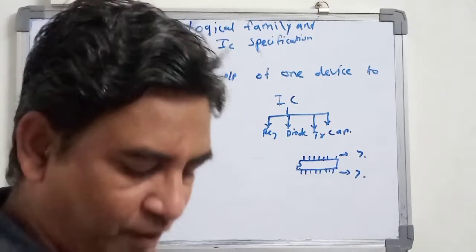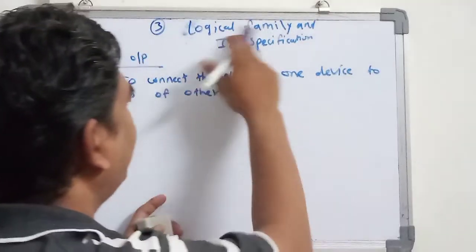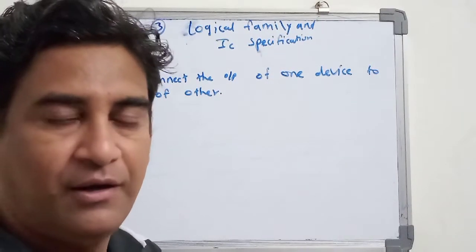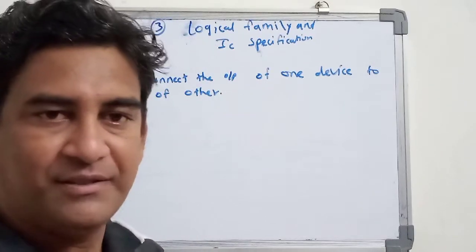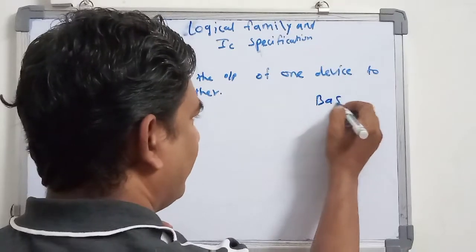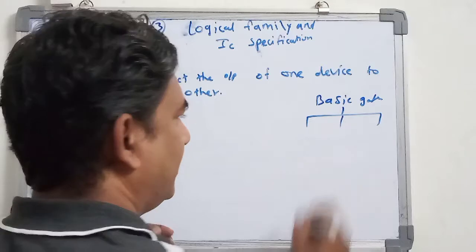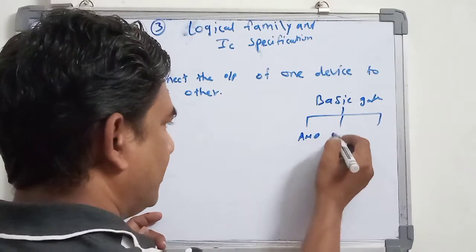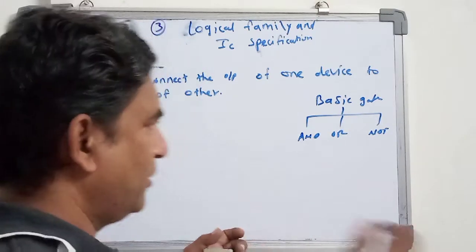Okay, now in this chapter we are going to study the different characteristics of the IC. We have the basic gates. Which are the basic gates? There are three types of basic gates: one is AND, second is OR, and third is NOT.